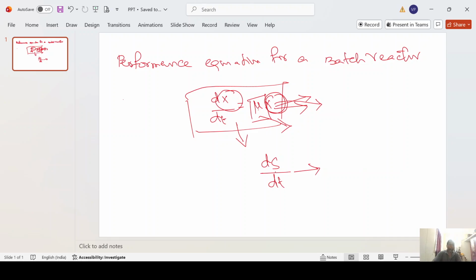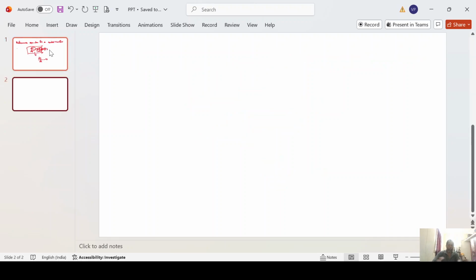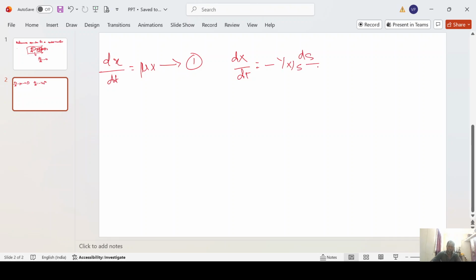See, dx by dt is equal to mu x. You take this as equation 1, and your equation 2 is a relation: dx by dt is equal to minus yx by s of ds by dt.